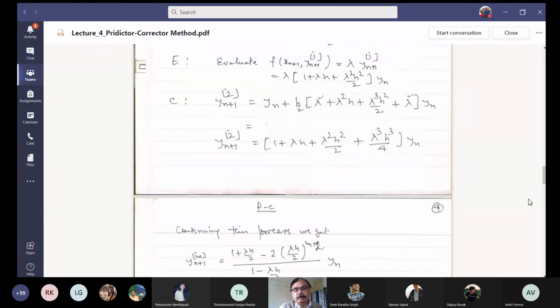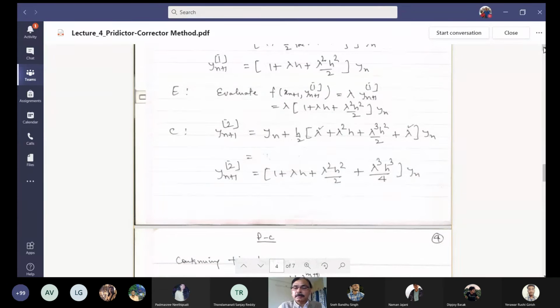Sir, it is 2 to the power m. Yes. Here it is not the correct one written. If you see, this is 2 square going there, and then the next value will be what? Lambda to the power 4, h to the power 4, divided by 2 to the power?